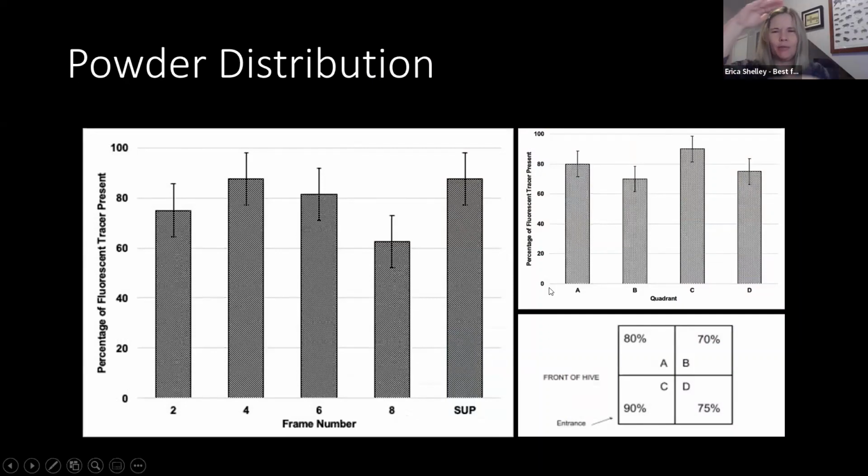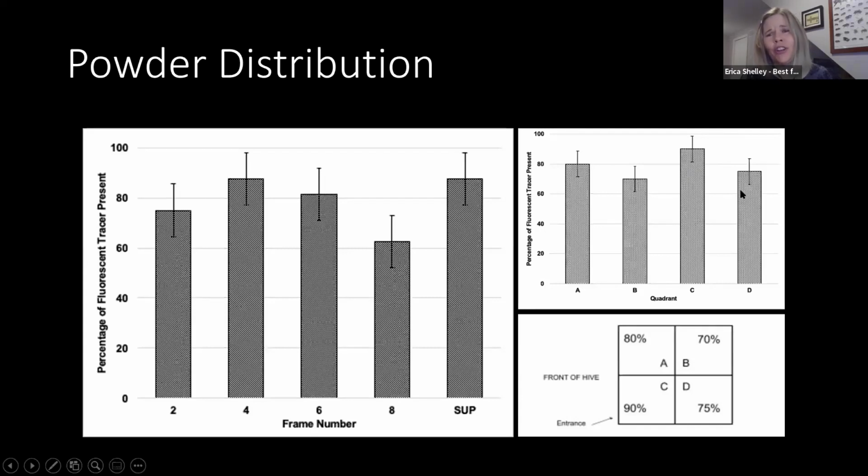So if we took a frame and divided it into 4, with the farthest away from the entrances being A and B, and the closest one C and D, and C being closest to where the bees would be coming in, you'll see in the graph that C, which is the closest, actually had the highest percentage, closer to 90 to 100%, and then A a little bit higher, and then B and D a little bit lower.